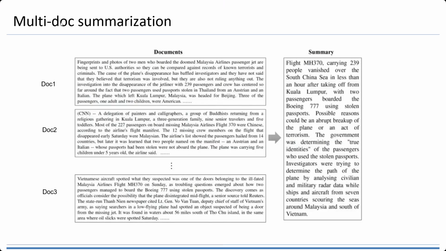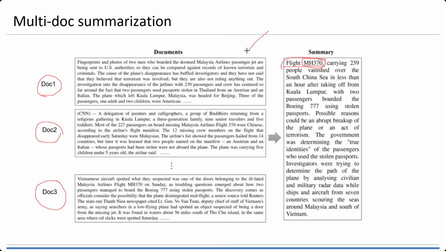In multi-document summarization, there are many documents, for example document 1, document 2, document 3. The example in this case is about flight MH370. Do you know about this? This is a big incident. This is the Malaysian airline which fell down, and nobody understands why the airplane fell down, and until now they cannot find the airplane.